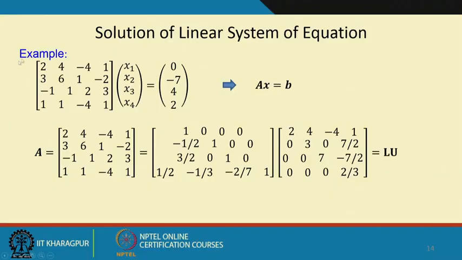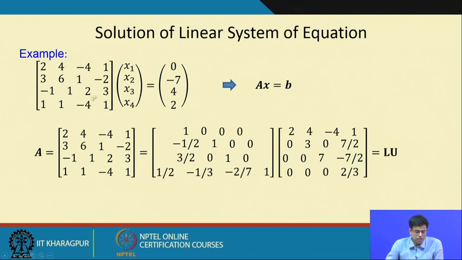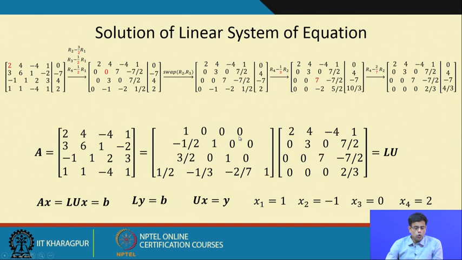Next, let us see an example. This is just the previous example, the LU form of the coefficient matrix A. If you look carefully, in Gaussian elimination we were obtaining the same form of the triangular matrix using pivots and row operations.